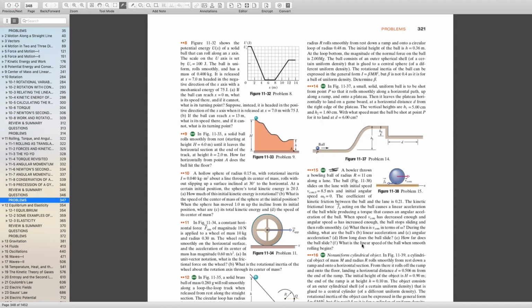So the next thing is, now that we know the linear acceleration and angular acceleration, how long does the ball slide? That's the real question. We need to find the point at which v is equal to r omega.